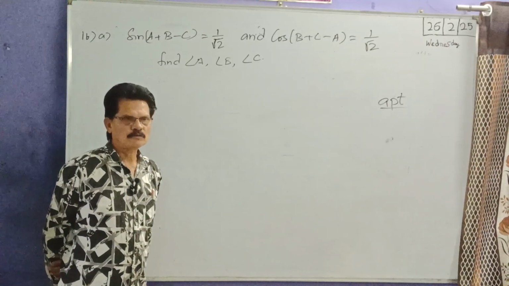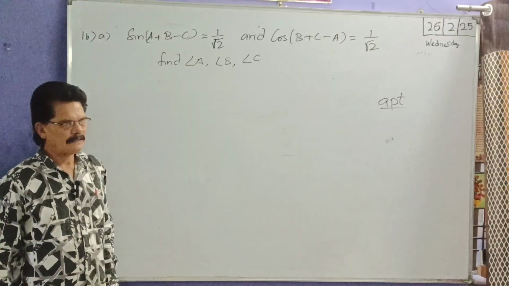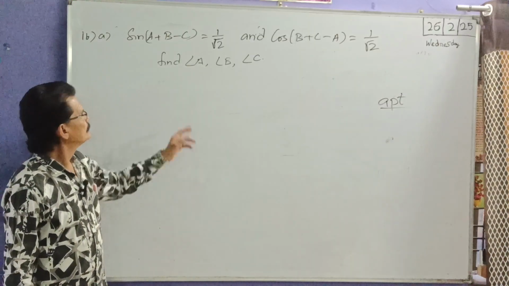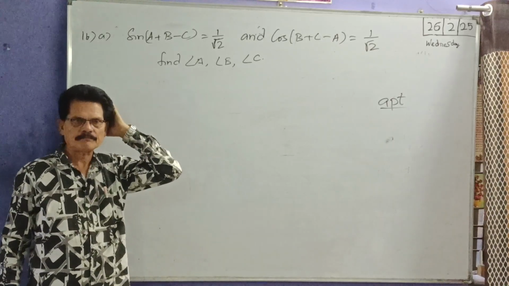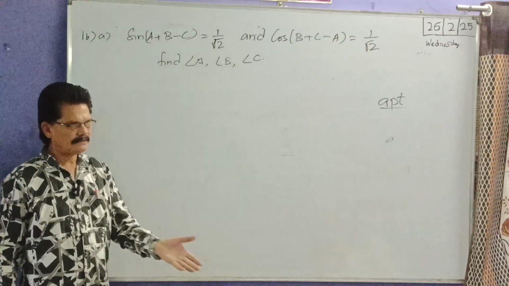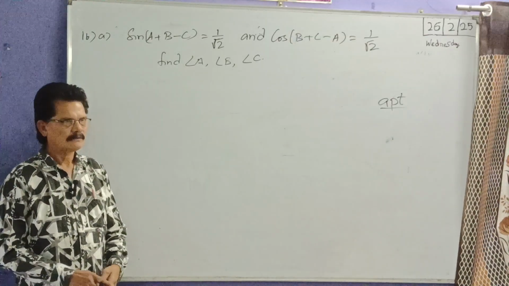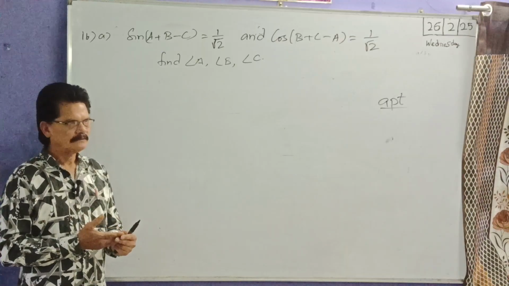Okay, so we have to have an analysis. So what is the analysis? Here we can see, find A, B, C. It means three unknowns. So until today we are in the ultimate days. I have time and again suggested you some indications.